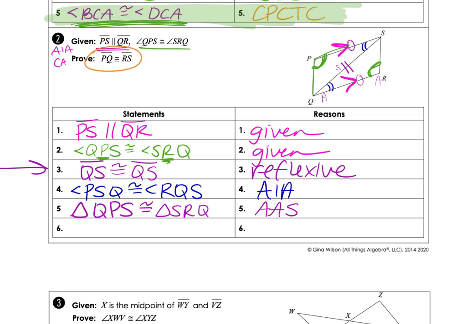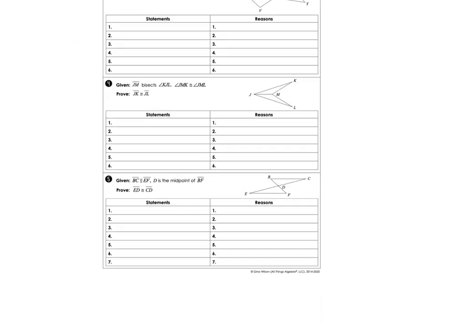Okay, so how do I prove PQ is congruent to RS? CPCTC, because the triangles are congruent, the corresponding parts are congruent, so those are congruent segments. Okay? All right, go down to number 5.